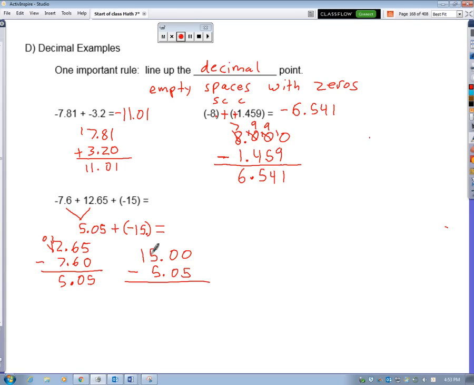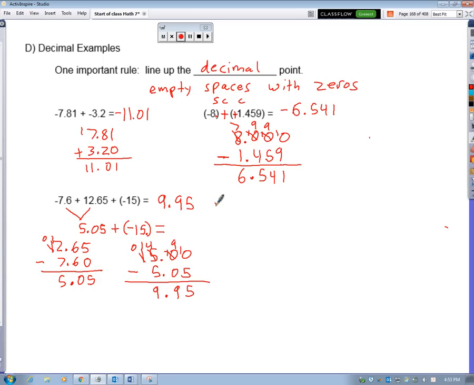We need to borrow. Make that a 4, a 10, a 9, a 10. Now we can subtract. We have 5, 9, decimal point. Oh, can't do that. There we go. Now I can. 14 minus 5 gives me 9. So I'm left with 9.95 is my final answer.